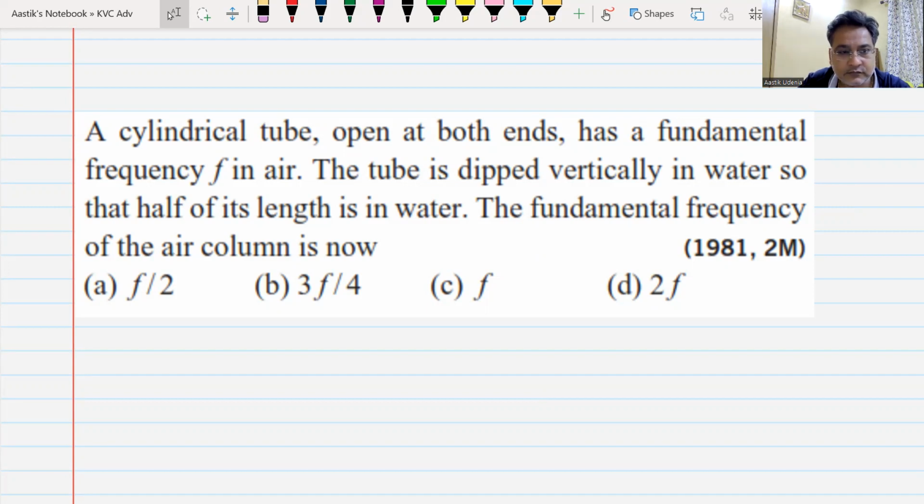F. Length becomes half. I told you it becomes a closed pipe. Length becomes half, so the fundamental frequency remains the same. I gave it as a note. Yes or no?